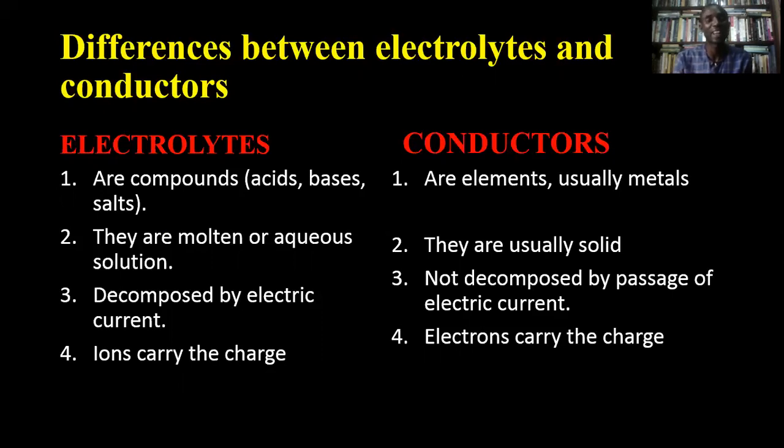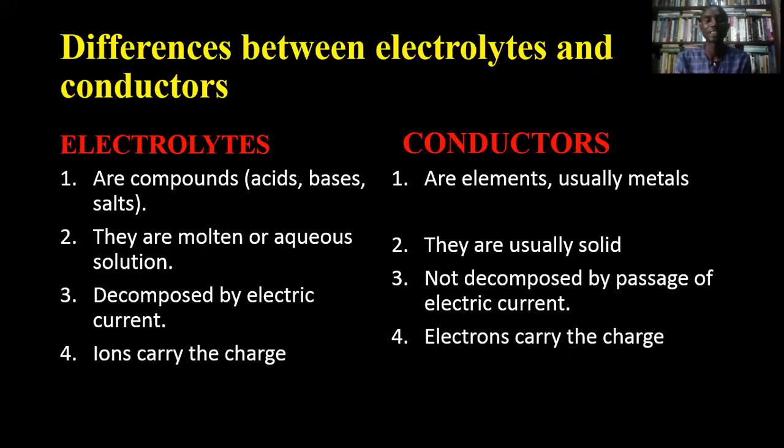They are metallic objects, they are solid objects, while electrolytes are in multi-state or solution, but they are acids, bases, or salts. Then another difference between them is that electrolytes used to be in multi-state or aqueous solution, while conductors are usually solid.